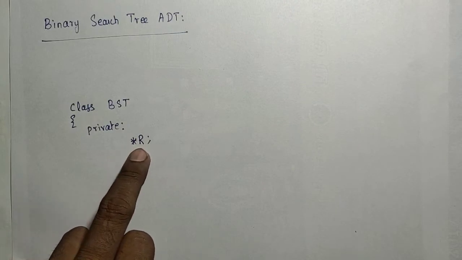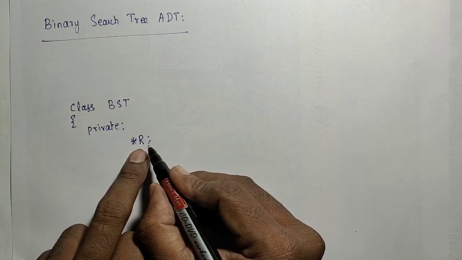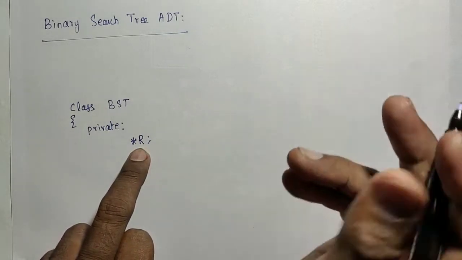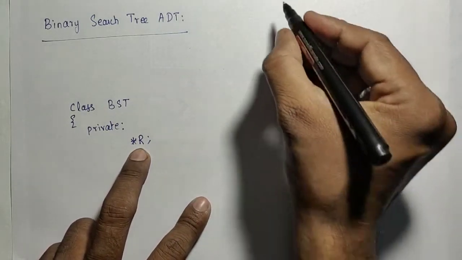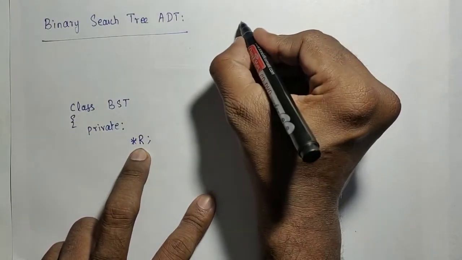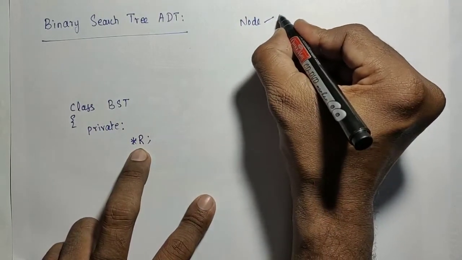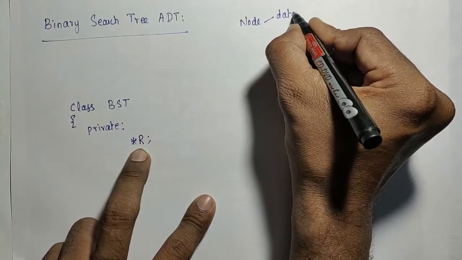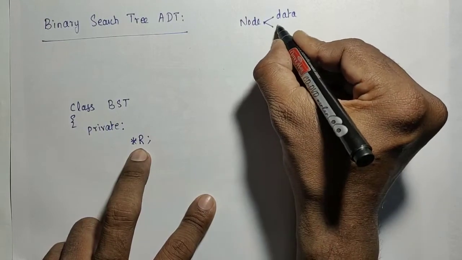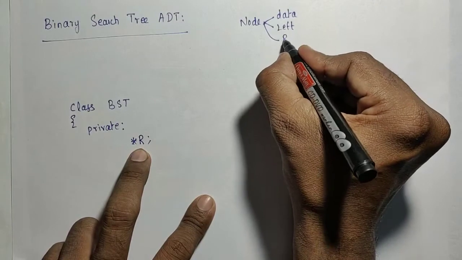Pointer. And what type of address it should have? In the binary tree representation, each node is having the data, and then the address of the left, and then the address of the right.